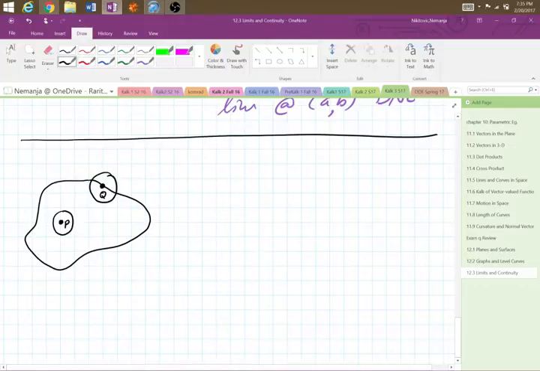So one of these 2 points is an interior point. The other is the boundary point. Now, when you're looking at the picture, it's clear which one is which. Now we're going to write a mathematical definition for them because that's what we do.